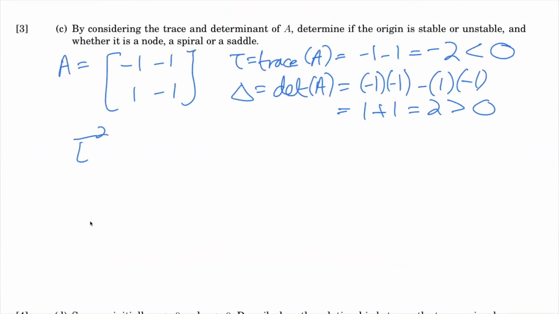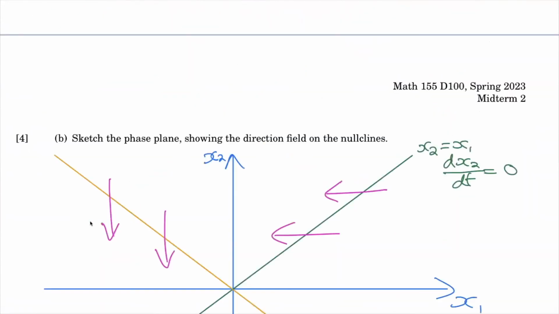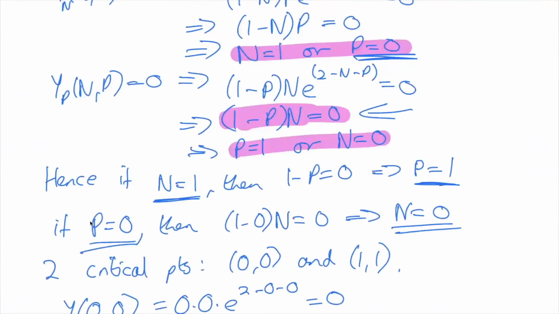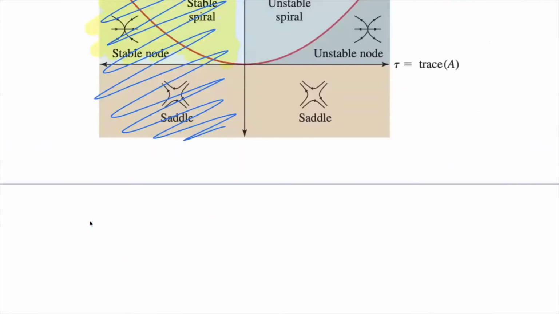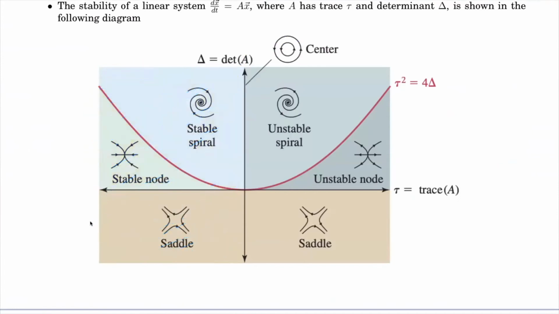So tau squared minus 4 delta, in this case, is -2 squared minus 4 times 2, which is 4 minus 8. It's -4, and so this is negative. If I go all the way back up to the diagram at the start, we have a negative trace, positive determinant, and tau squared minus 4 delta is negative, which means we're above this curve here.